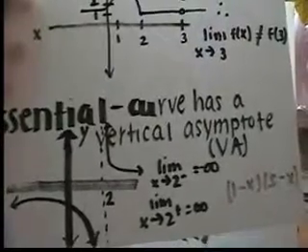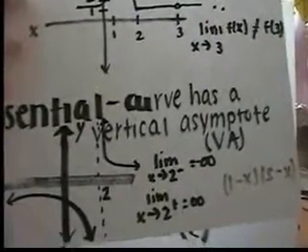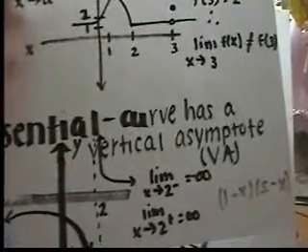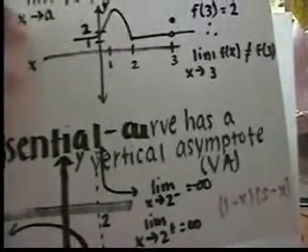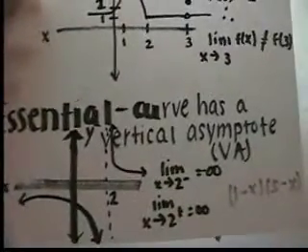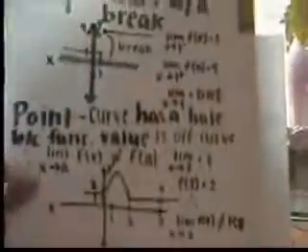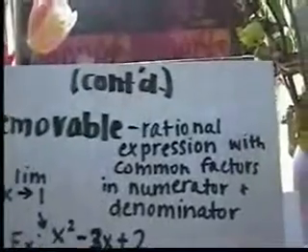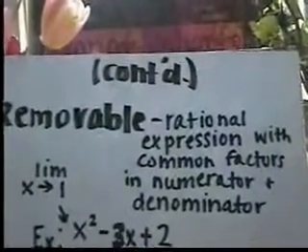And the limit of f of x as x approaches 2 from the right side equals infinity because of the upward sloping curve, therefore not really determining a value because the limit is really non-existent. And the last discontinuity is removable, which is when you have a rational expression with common factors in the numerator and the denominator.